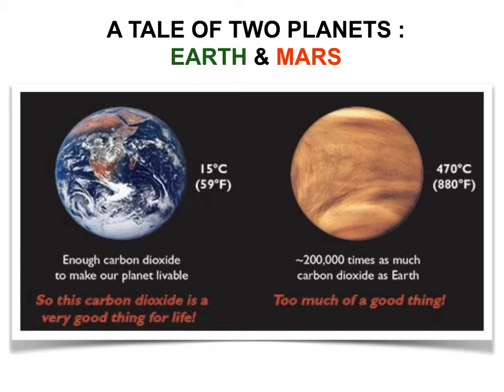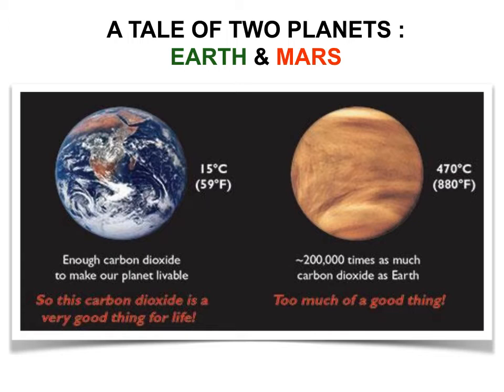How is there so much difference? Because we have enough carbon dioxide to make our planet livable, but Mars has 2 lakh times as much carbon dioxide as Earth. So it becomes a hot planet.